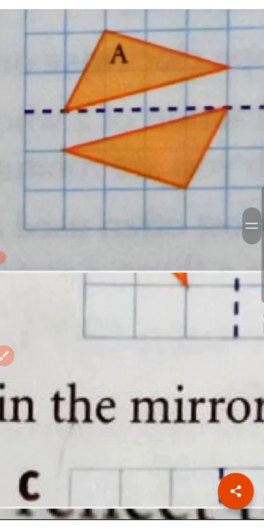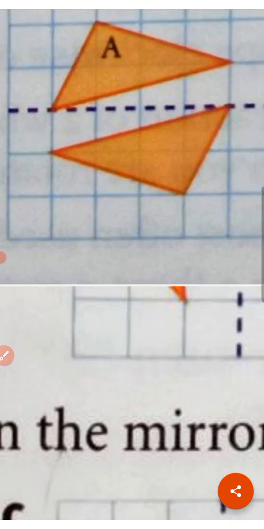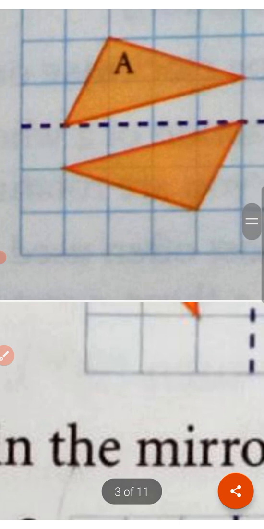Next, check this figure. Here this corner is touching here, that is on the mirror line, but this corner is 1 unit from the mirror line. So it is not the reflected image. Check one more point also.